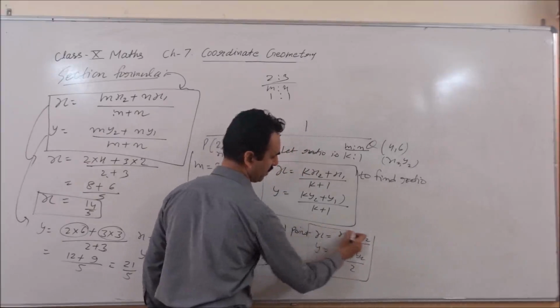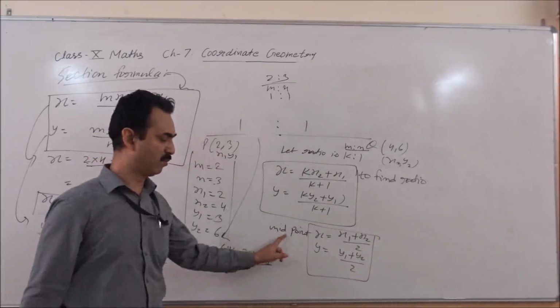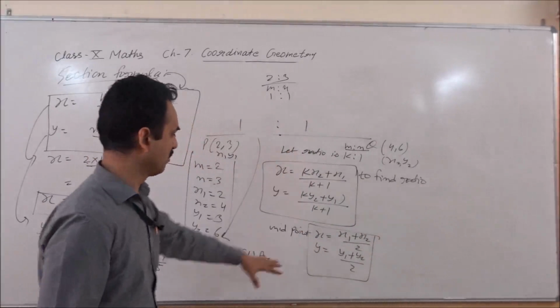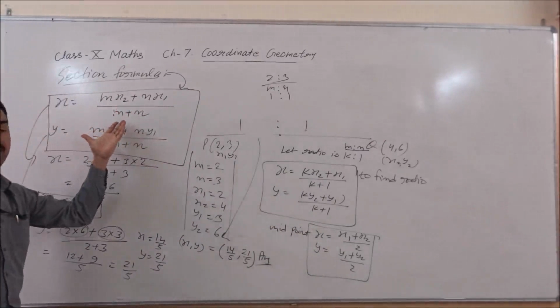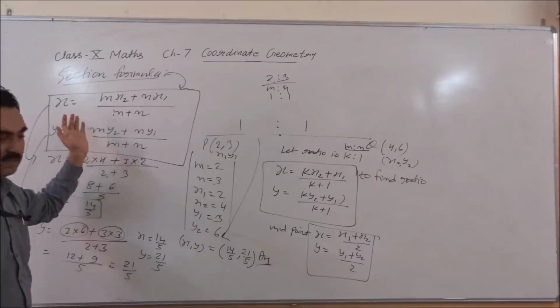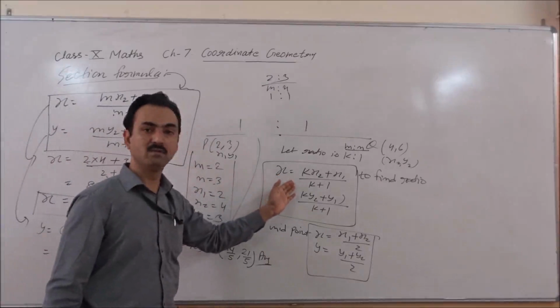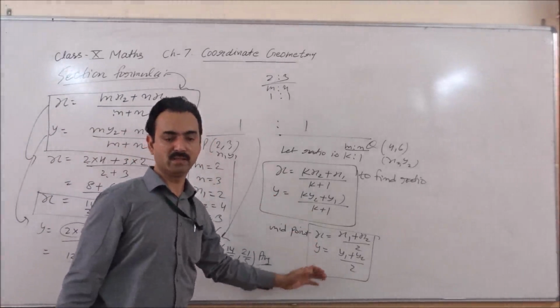So this is the formula to find the midpoint. You have to note down these formulas. These three formulas: this is the main section formula to find the coordinate of the point, this is to find the ratio, and this is to find the midpoint.